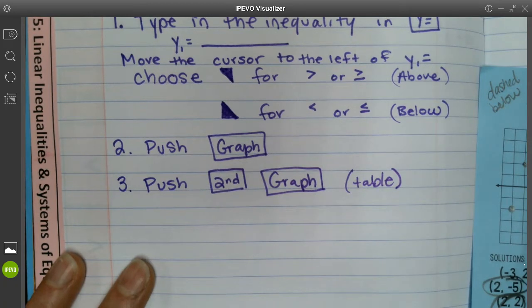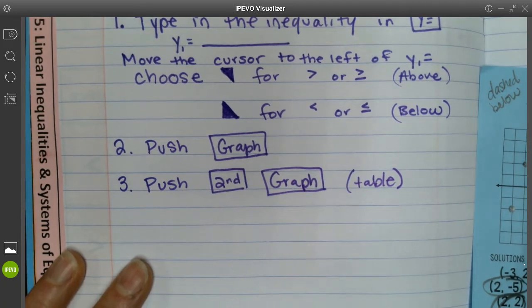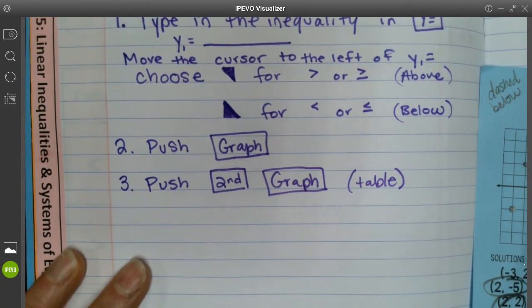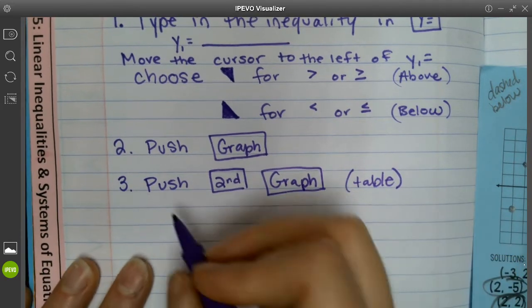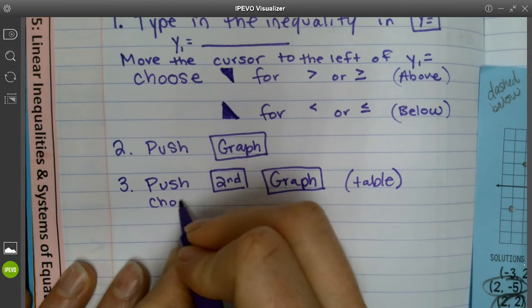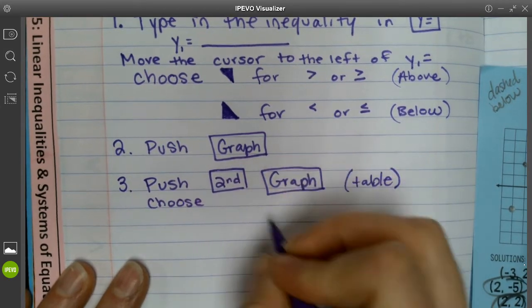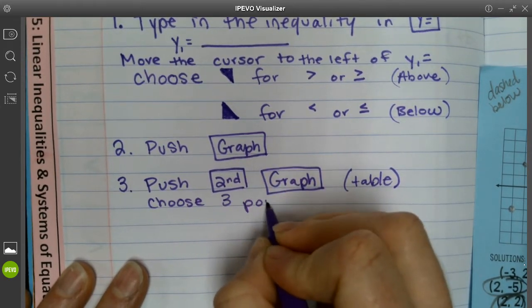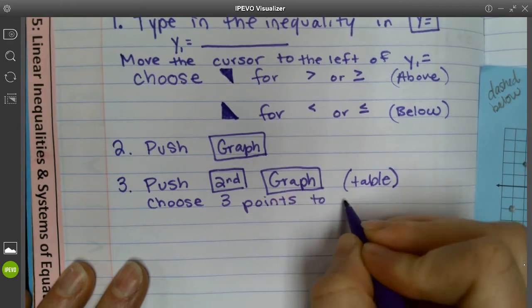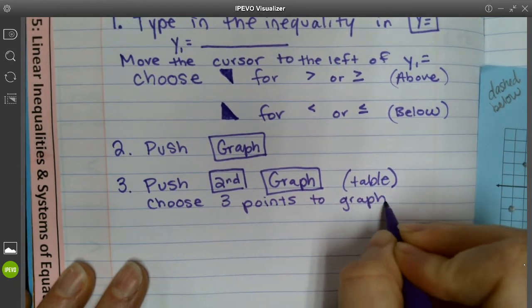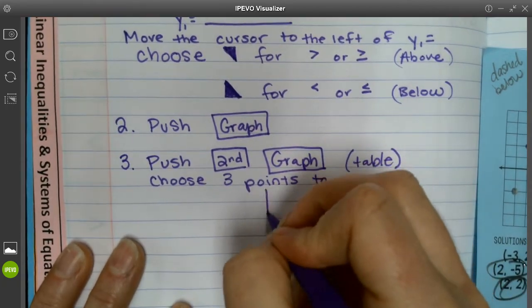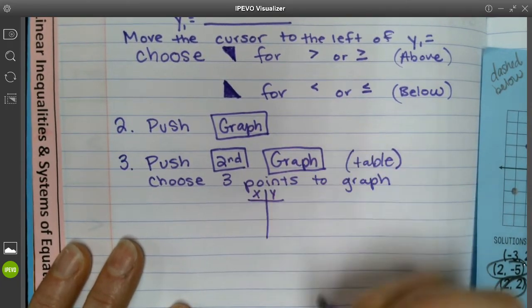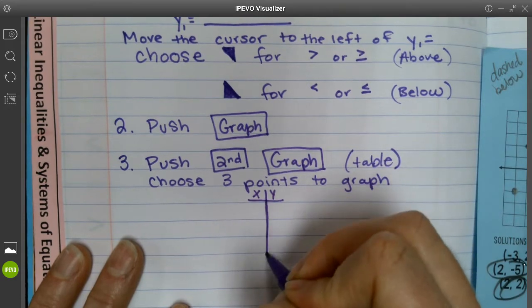And you can choose any 3 points to graph on your grid. It has an X, Y. So you just want to pick 3 points.